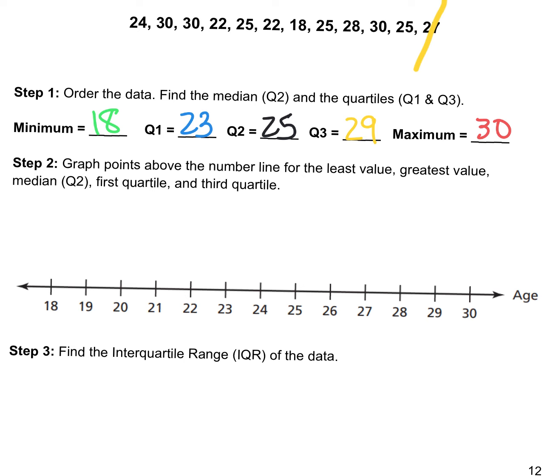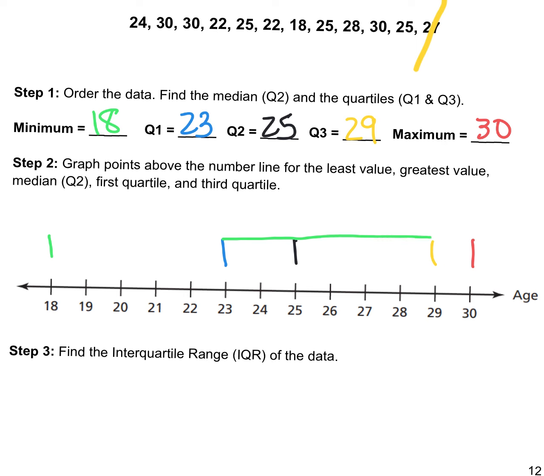I'm sorry this is crooked, but now that I have my 5-number summary, 18, 23, 25, 29, and 30, I'm going to put little dashes above the number line where each of those numbers are. These are the only numbers from my data set that I have to graph. The box plot is what connects the quartiles.